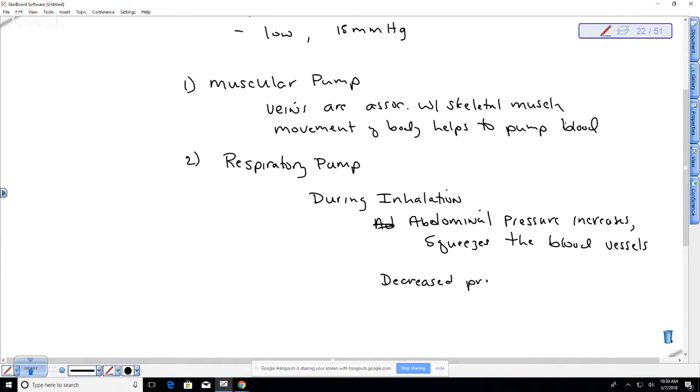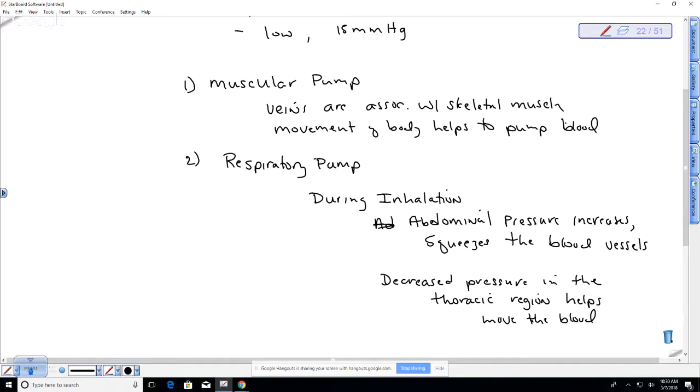So decreased pressure in the thoracic region helps move the blood. Okay, so breathing helps to pump the blood in the veins.